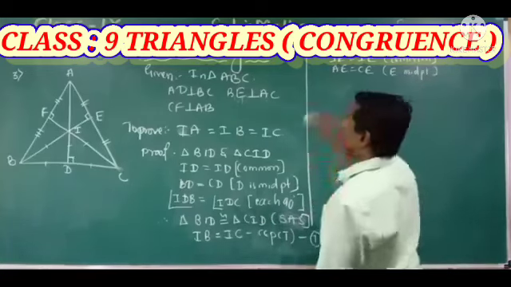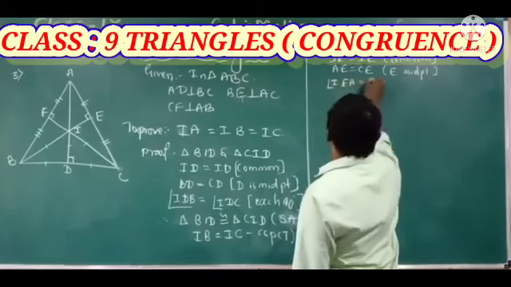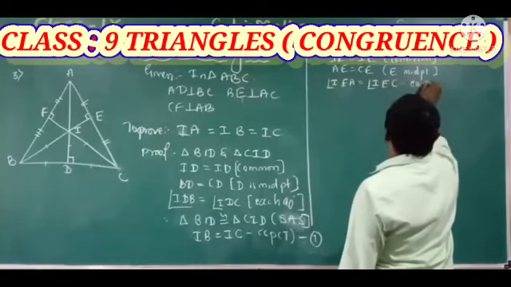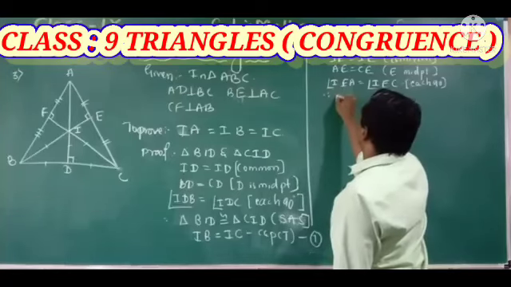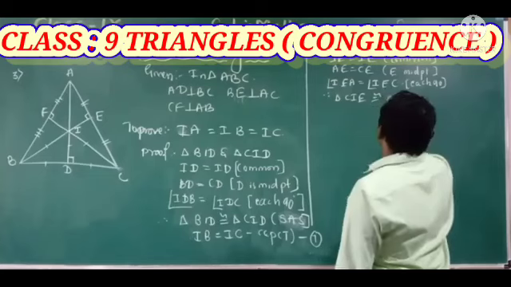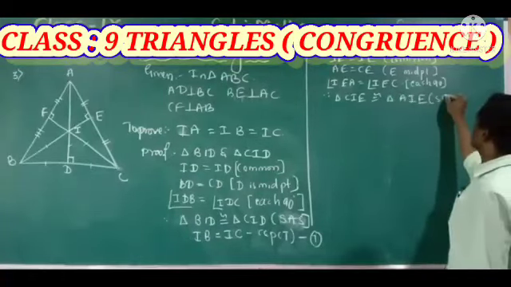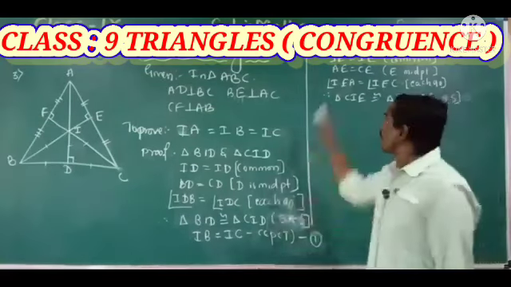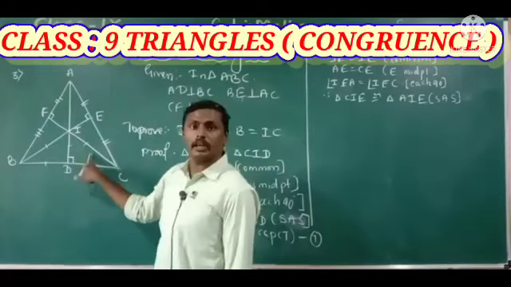Next one, angle IEA is equal to angle IEC. Each angle is 90 degrees here, right? Therefore, triangle CIE is congruent to triangle AIE, by using the same criteria, SAS. So once we prove that these two triangles are equal, what are the remaining parts here?